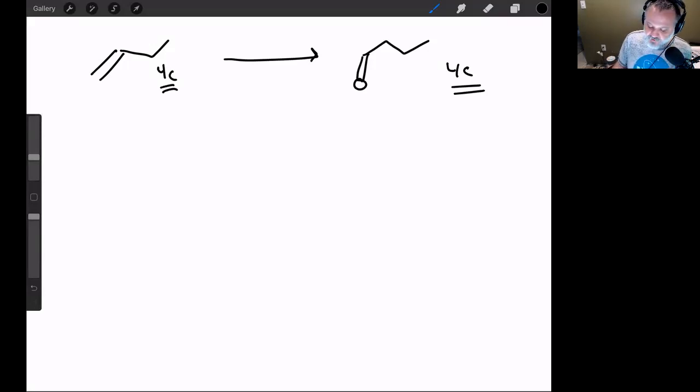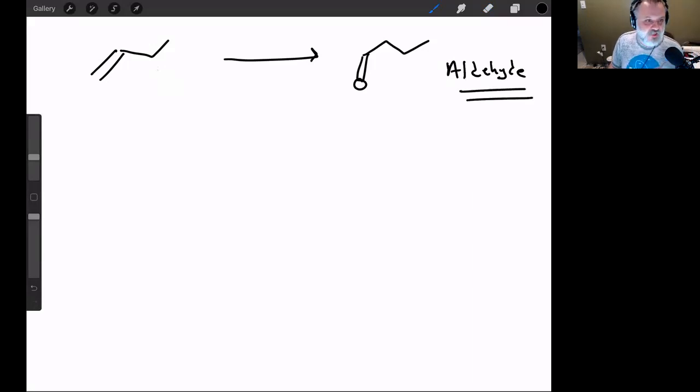So let's think about it in that sense, and let's kind of work backwards again as well. So what do we know about this thing? It's an aldehyde. And that's the only thing we can identify about it. It's a 4-carbon aldehyde. So in other words, we've got a double bonded oxygen and it's at the end position.